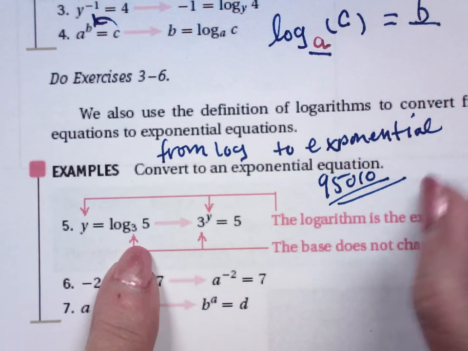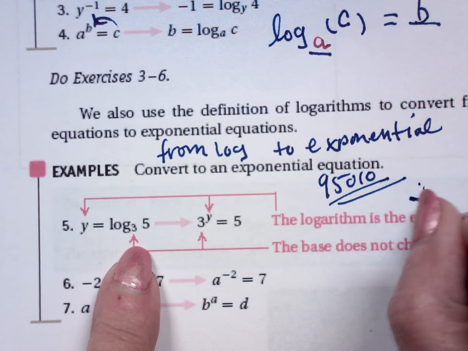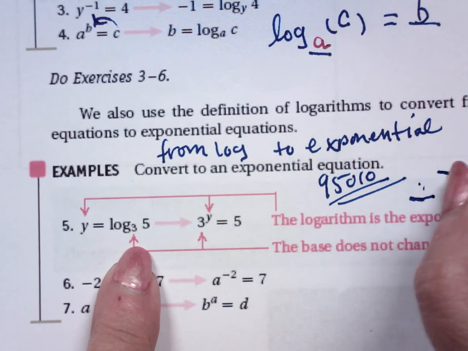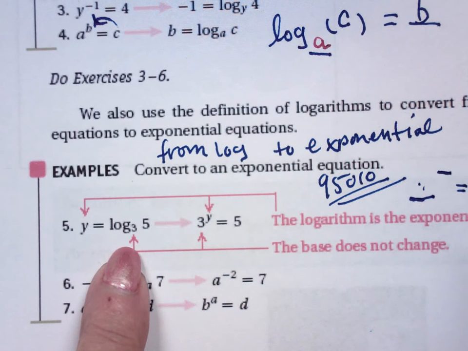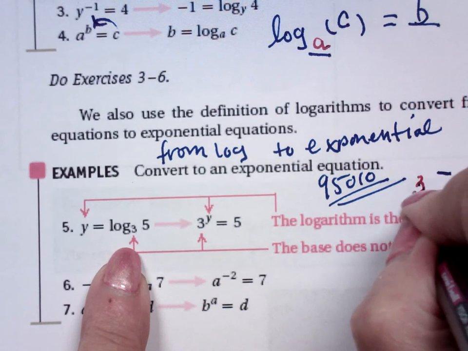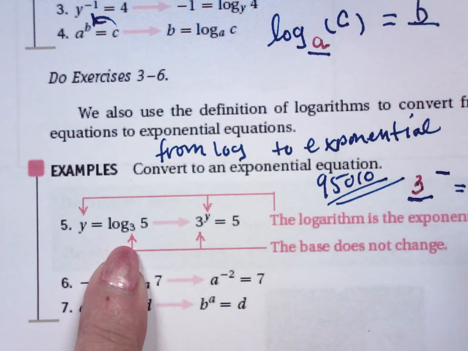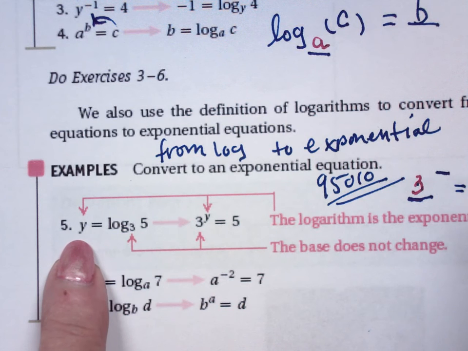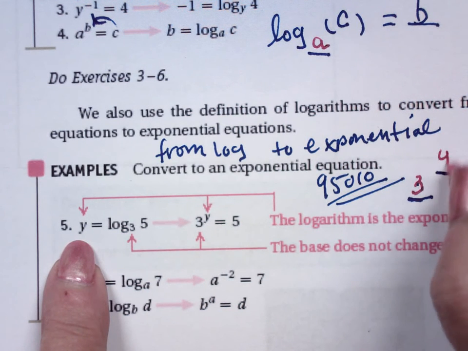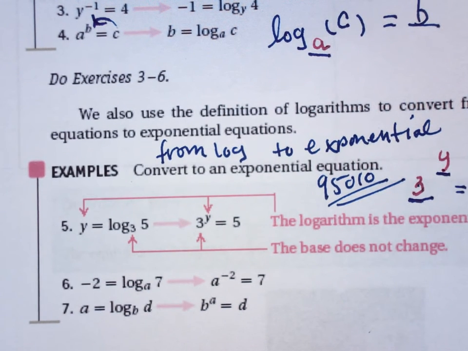I want to take the log, you're going to have a base, you're going to have an exponent, you're going to have a result. The base of this log is what? 3. Right? And essentially 5 is an output, isn't it? And it takes it back to y. Now to me that's too hard.